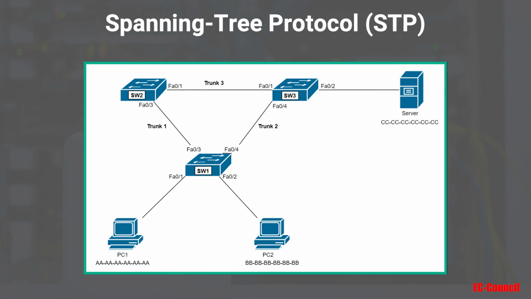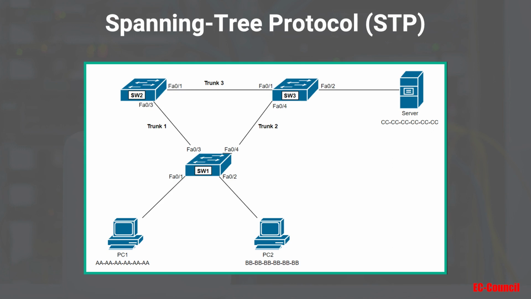Let's take a look at this diagram. Currently, we have redundancy between the switches. Imagine PC1 wants to send data to the server. PC1 will send a message to switch 1. Switch 1 has multiple paths. Now let's imagine that there's no spanning tree or any sort of loop prevention mechanism operating on this network.